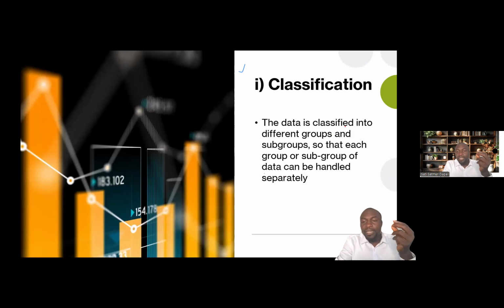The data is classified into different groups and subgroups so that each group or subgroup of data can be handled differently. So classification is one processing. So maybe it takes in the data and says, okay, put males together, put females together. Under the male, put the single separate, put the married separate. Under the female, put the single separate, put the married separate.